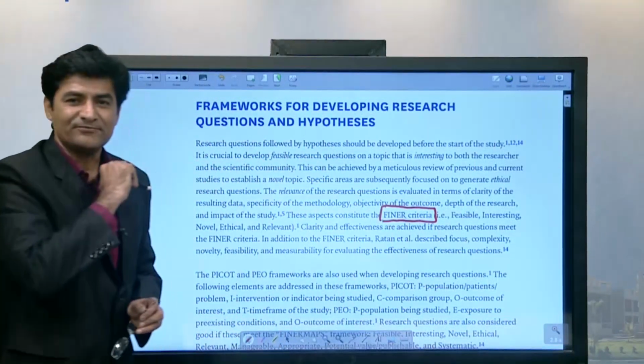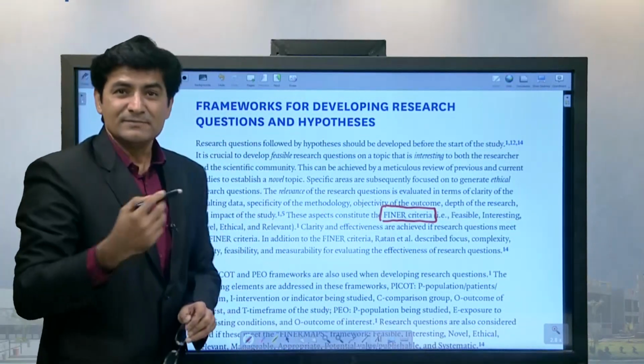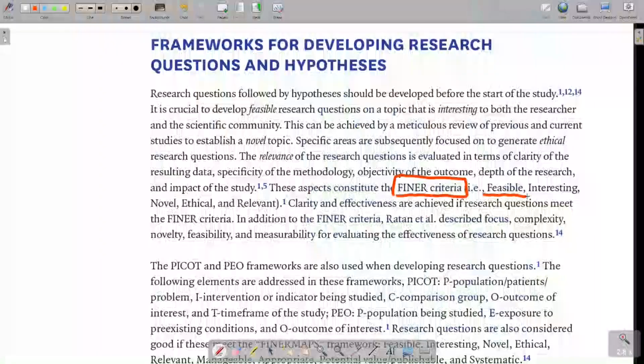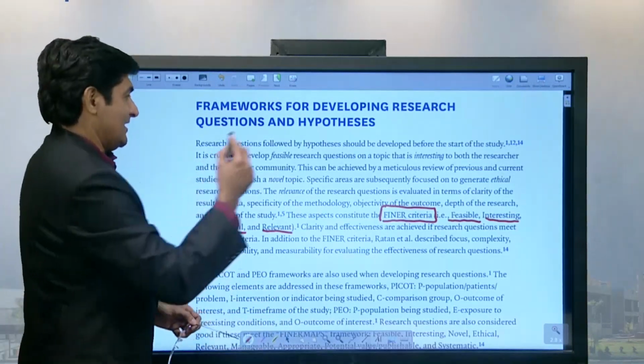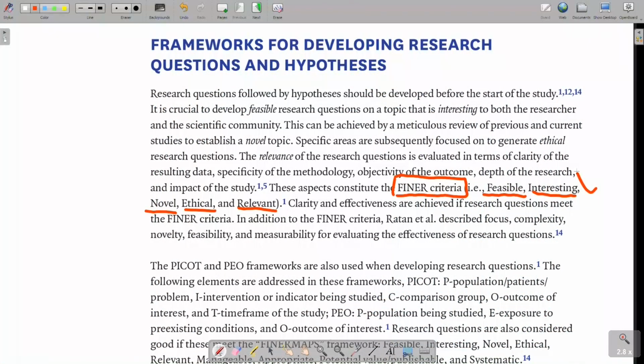FINER means something that is feasible, interesting, novel, ethical and relevant. So when we think of a framework for our research, let us apply this FINER criteria and see whether our research question and hypothesis pass this test or not.